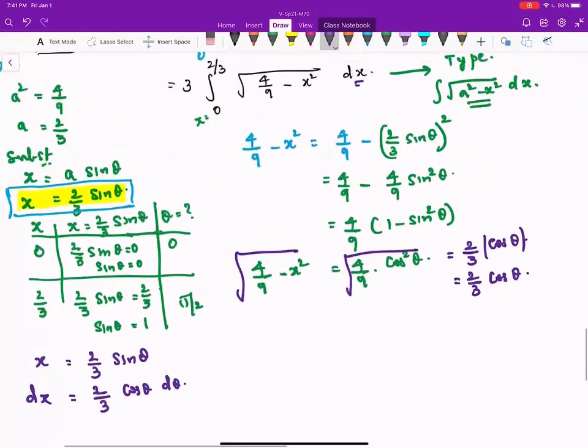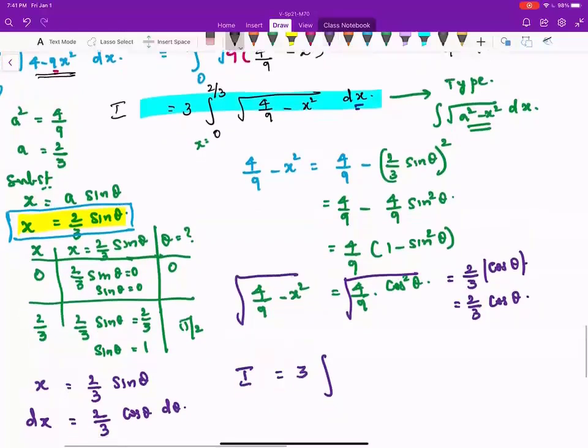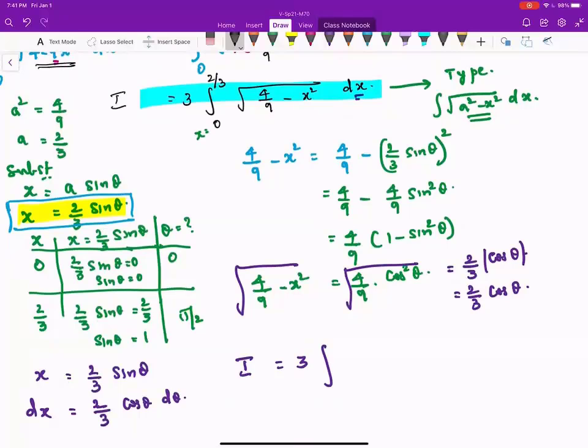Now we will change everything to theta and give the new limits. I is equal to 3 times the integral. We are actually looking at this particular step. This is our I, and we are going to write everything in terms of theta. The new limits are theta equal to 0 through pi by 2. The integrand, square root of 4 by 9 minus x squared, is 2/3 of cosine theta.